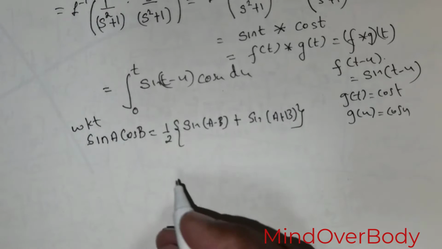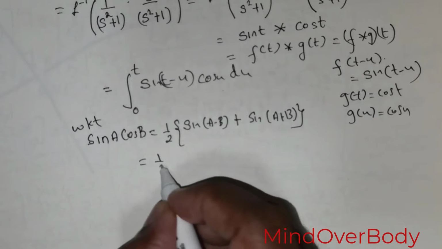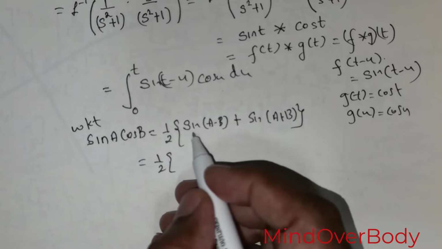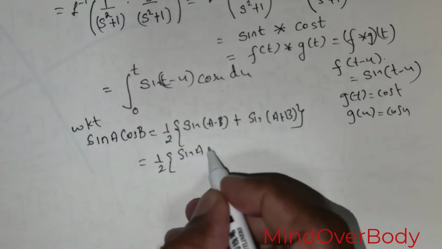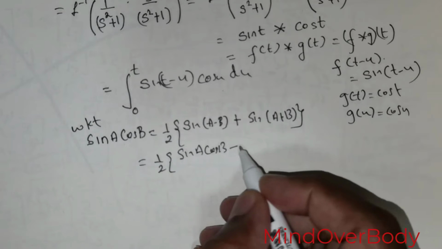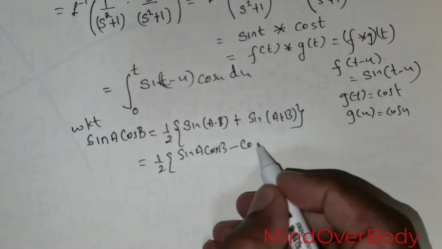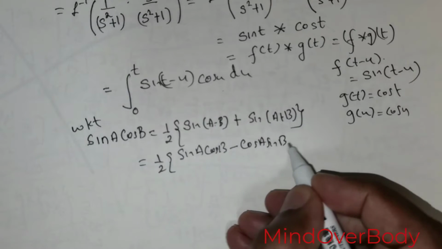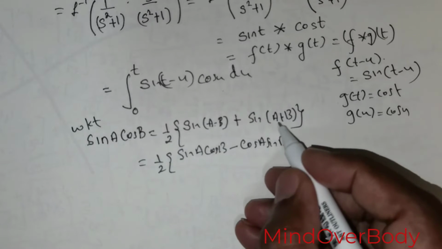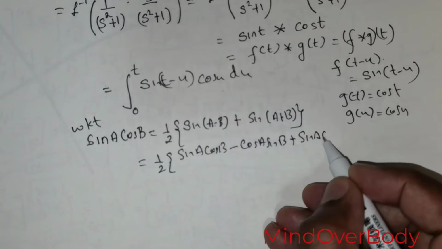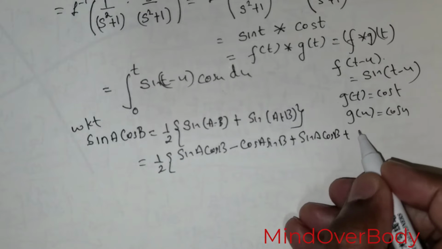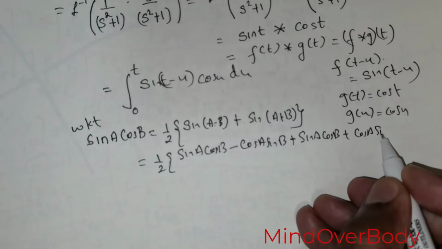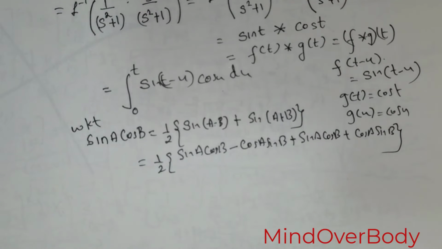So I can just show you that. This is equal to half of, sine of a minus b is sine a cos b minus cos a sine b, plus sine of a plus b is sine a cos b plus cos a sine b.